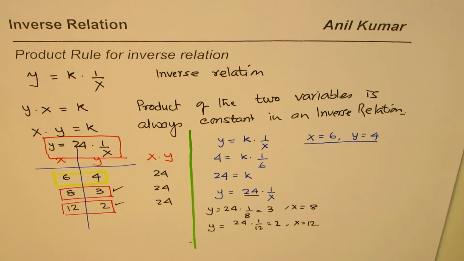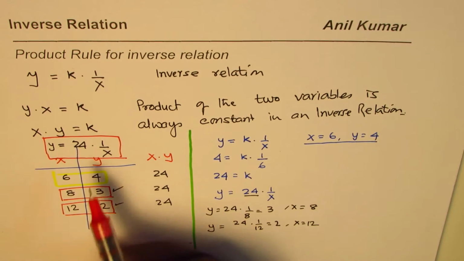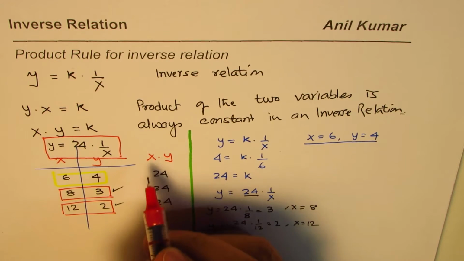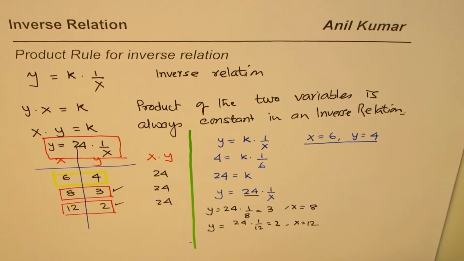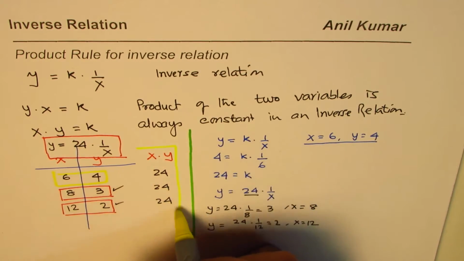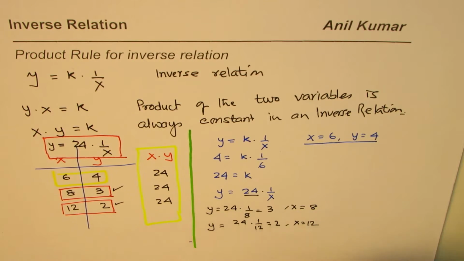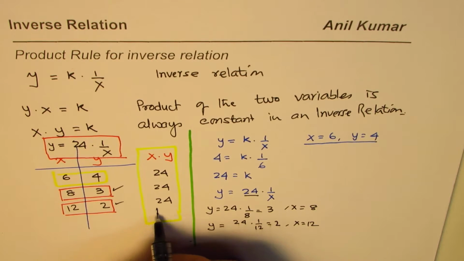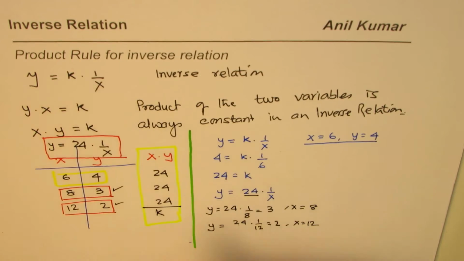And the good thing about this relation is that their product is always constant, and this product is what we call k.